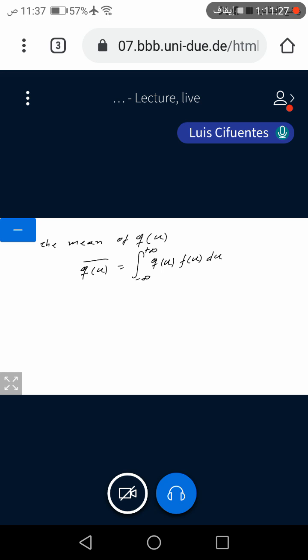We have to replace the value of Q here. This is just the mean value.